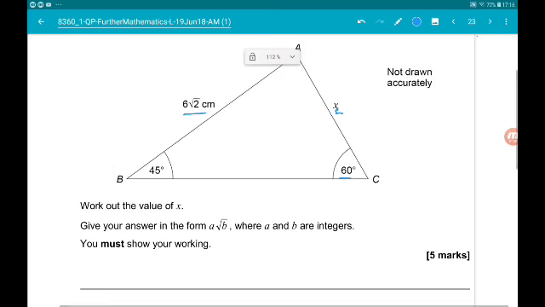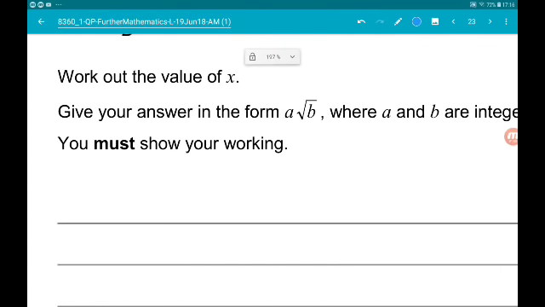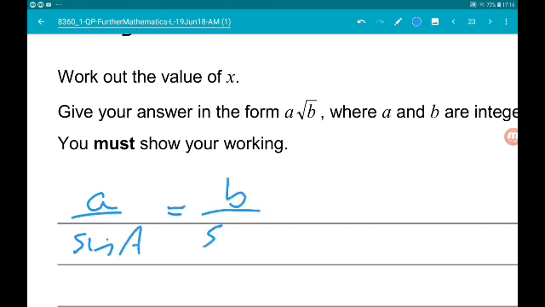So the sine rule, remember, tells us a over sine A is equal to b over sine B is equal to c over sine C. That's the ideal form to use when we are looking for side lengths, which we are.